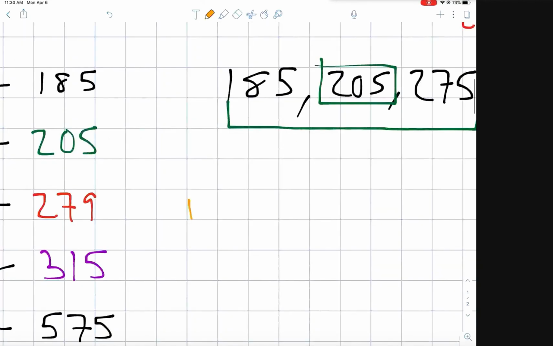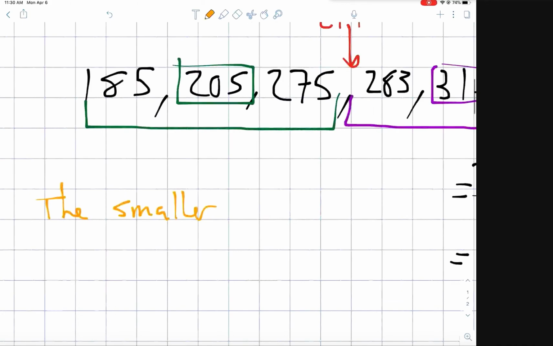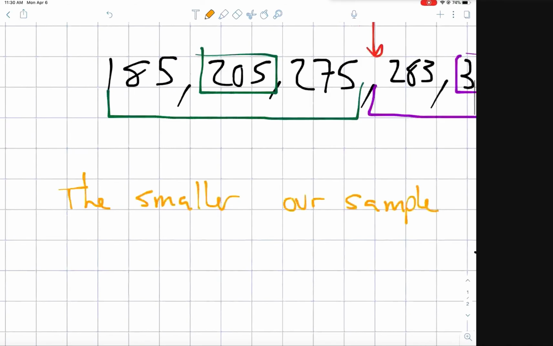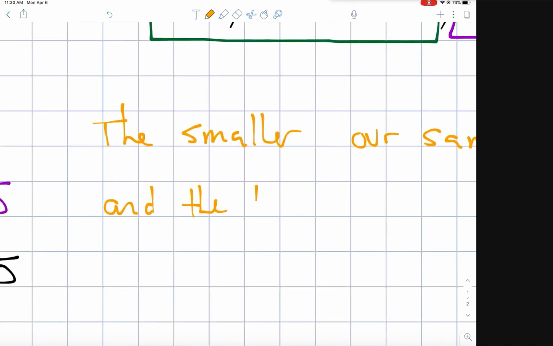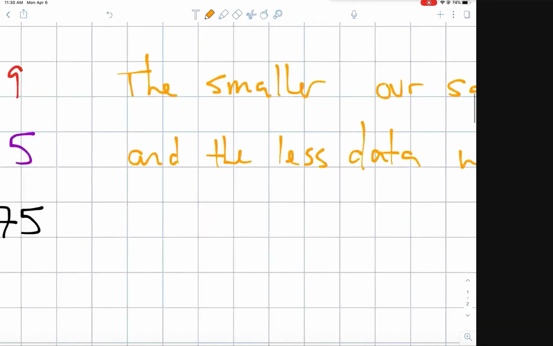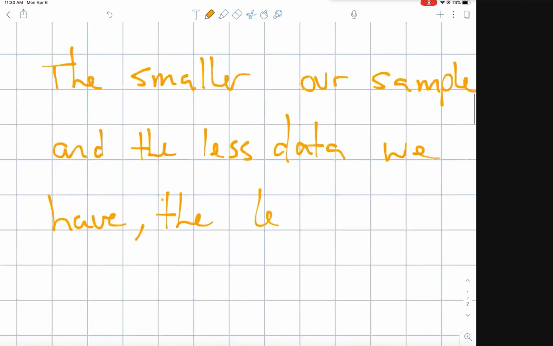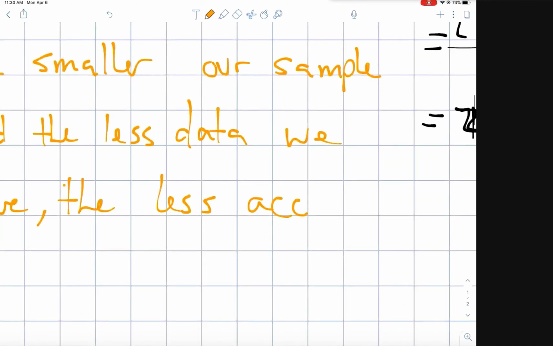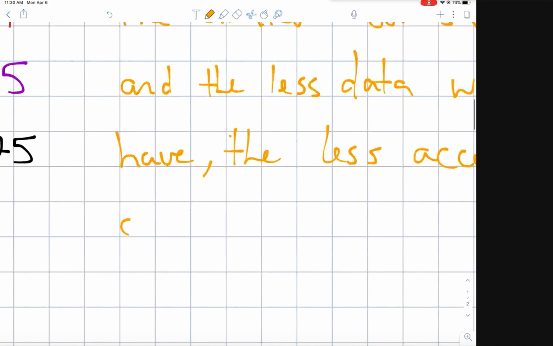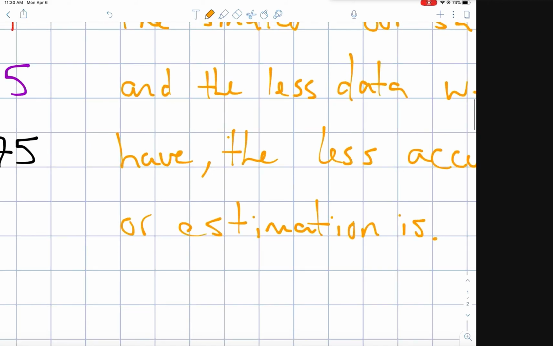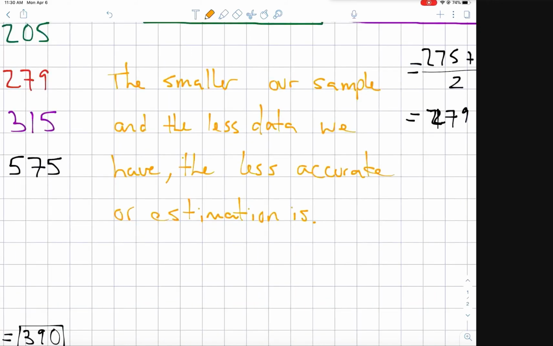The smaller our sample and the less data we have, the less accurate our estimation is. So maybe you could just read that to yourself for a second.